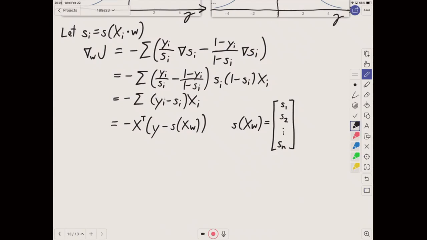And so now what we want to do is apply the gradient descent rule to take a step downhill. So here is the gradient descent algorithm that you would use.